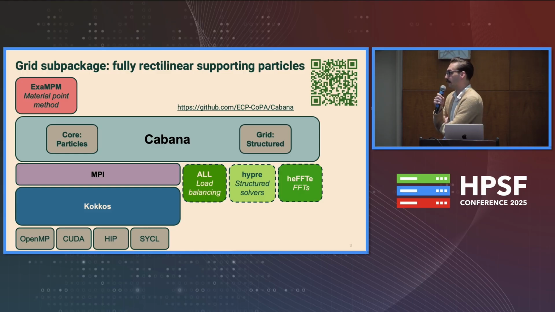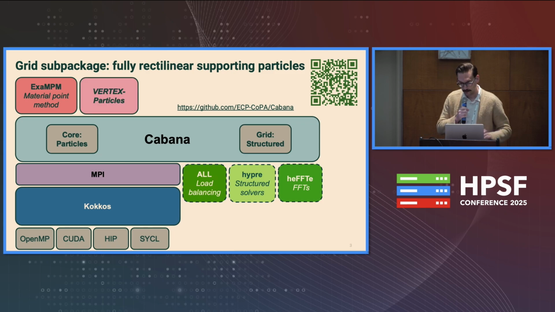We have interfaces to HYPRE and heFFTe, which are not Kokkos-based, but with the continued development on the Kokkos FFT side, that's a very exciting thing that I'd like to interface towards from the CEA team. Kokkos Comm is another place that I'd like to heavily interact, where I think a good bit of the Cabana MPI routines would have a very good home in Kokkos Comm instead.